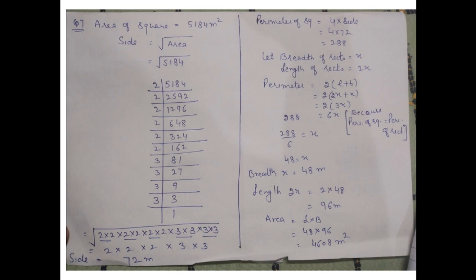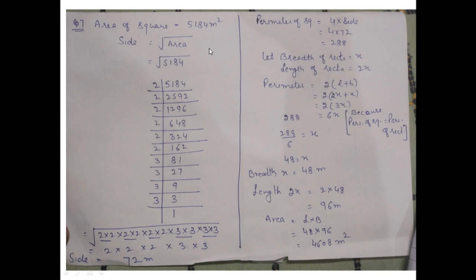This is your question number 7. And your question is, the area of a square field is 5,184 meter square. A rectangular field whose length is twice its breadth has its perimeter equal to the perimeter of the square. Find the area of the rectangular field.